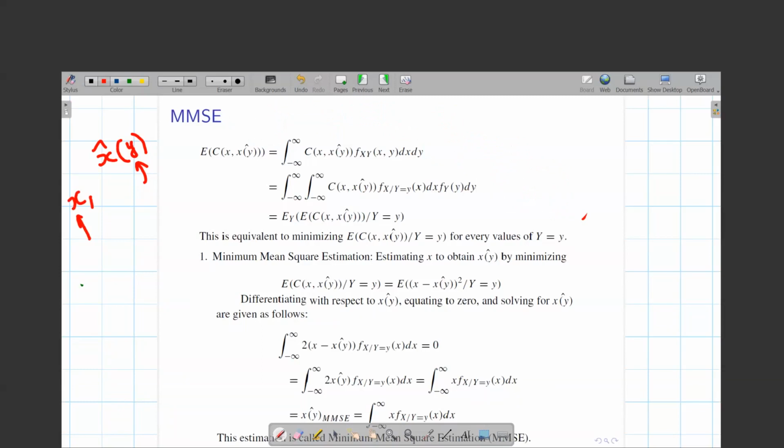In that case, we have some cost function associated with assigning x cap of y as x. You are estimating x as x cap of y, so we have a cost function associated with that, and we are trying to minimize it in the average sense.